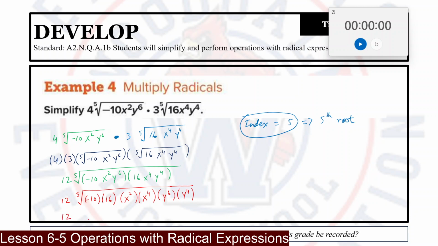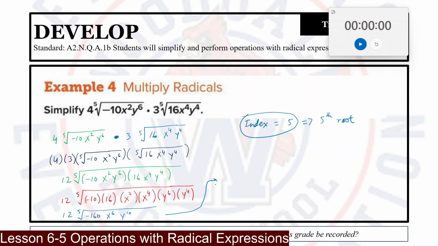So negative 10 times 16 is negative 160. X to the second times x to the fourth is x to the sixth. Y to the sixth times y to the fourth is y to the 10th.